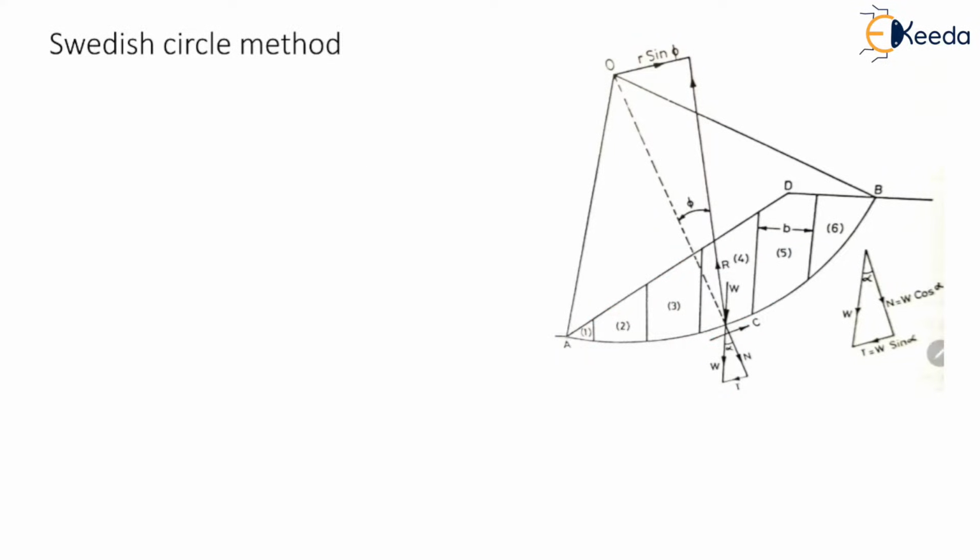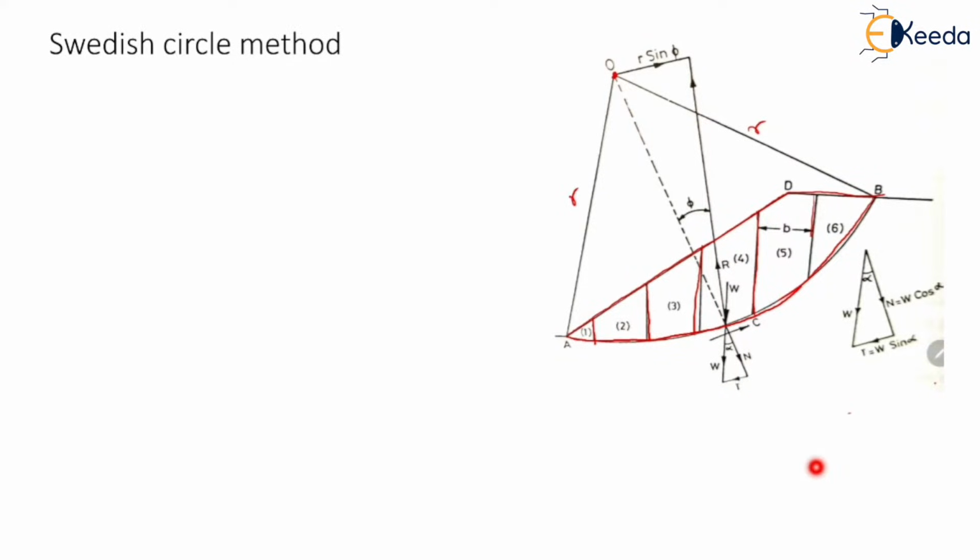So let us consider AB as a trial circular failure surface. The radius of this circular failure surface is R and center is O. The wedge which is above this failure surface is divided into vertical slices by drawing vertical lines.